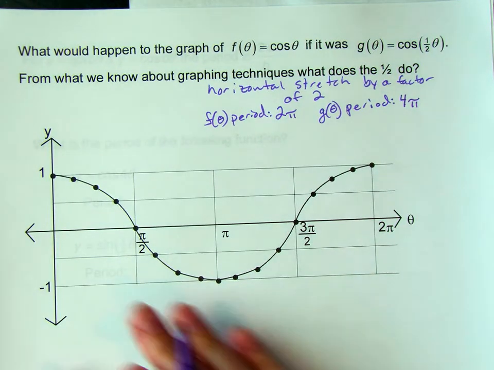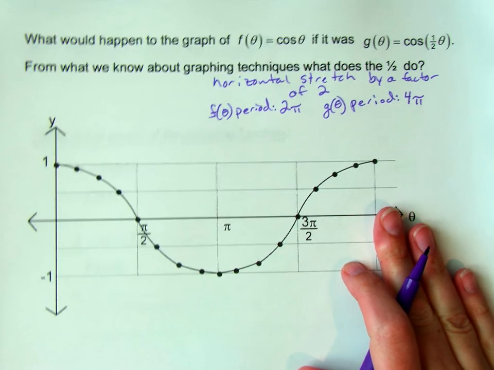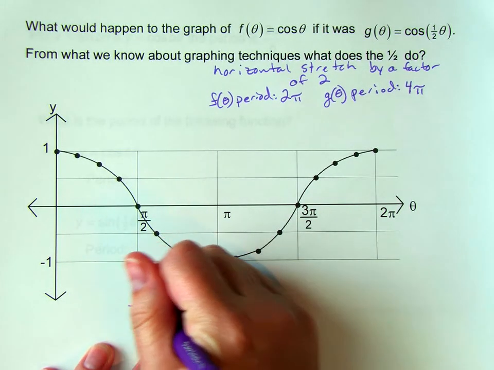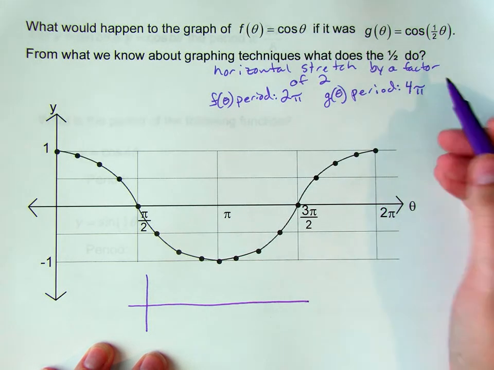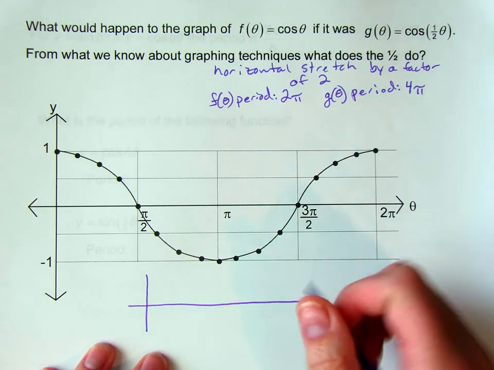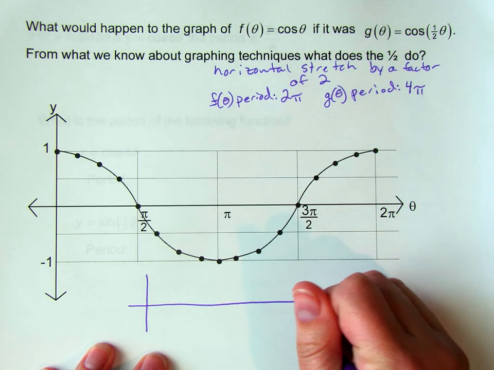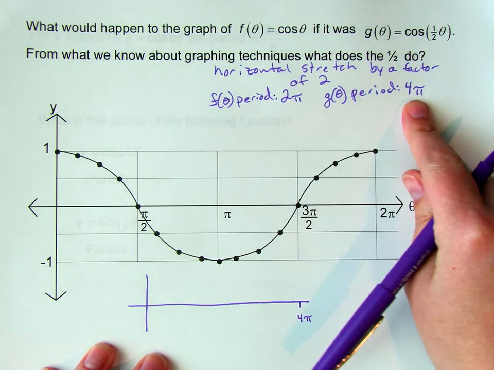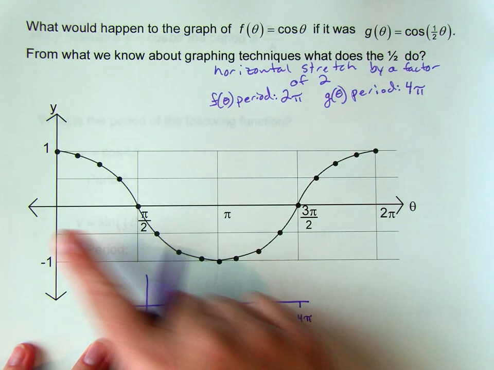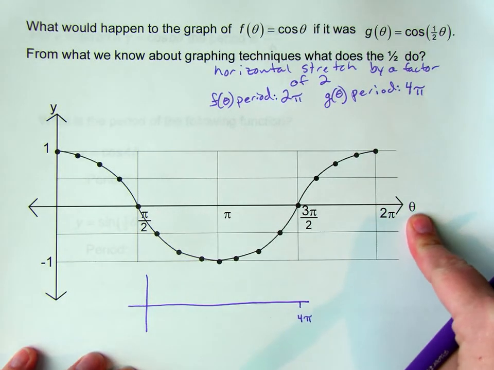Now, on our graph of our parent function, we can't graph that. So we have to go back and do our own graph. Again, we know it starts at 0. We know our first period is going to end at 4 pi. We only want to graph one full period. So we don't have enough space on this one to graph it.